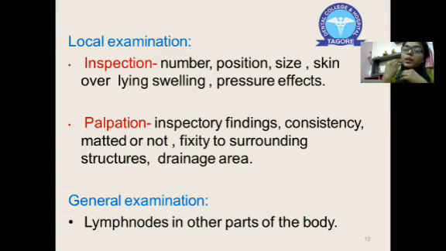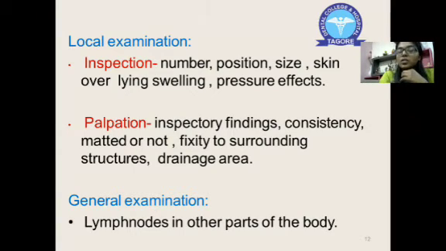The fingers should be gently rolled over the swelling or lymph node, and mild, gentle pressure should be applied over the lymph nodes. The patient's response has to be recorded, and during palpation, any pain should also be noted down.